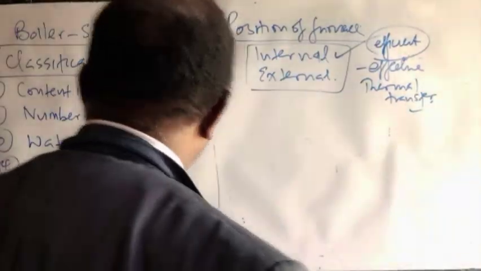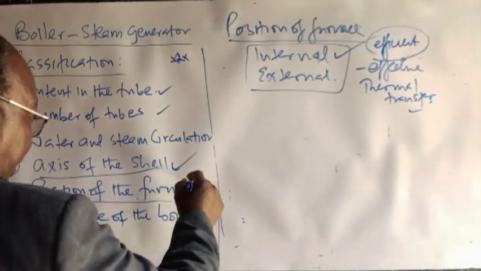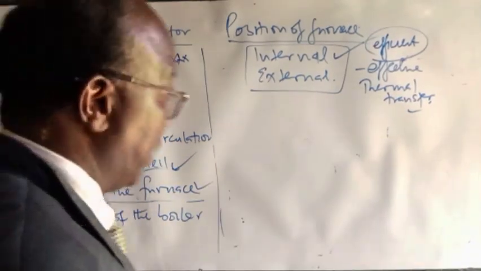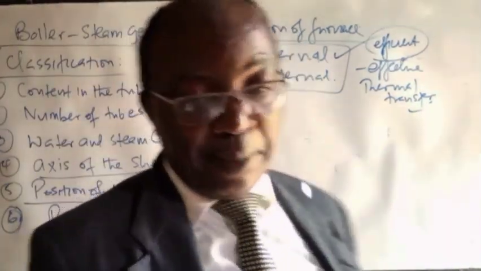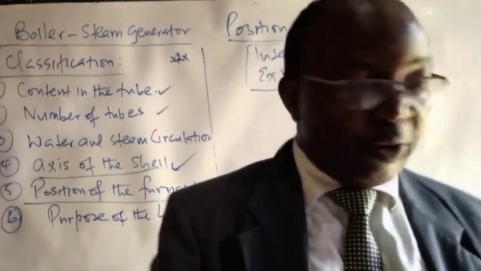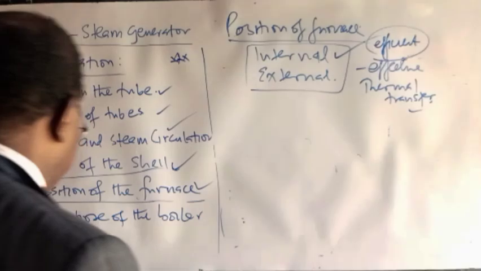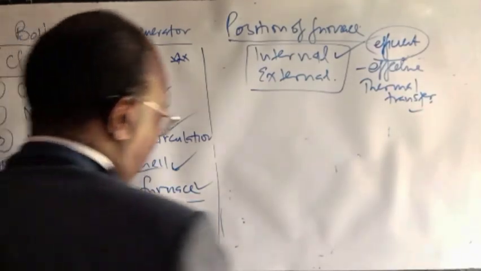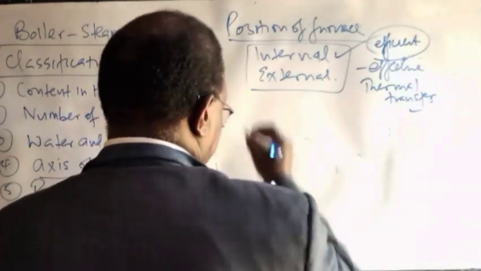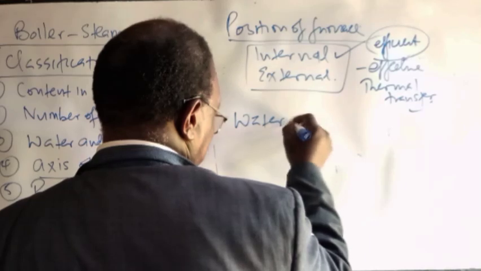Very important for us to note that. The other one which we now need to know is what is the purpose of this boiler. The purpose of the boiler, no, let's not come to the purpose first. Let's look at water and steam circulation. What do we mean by that?